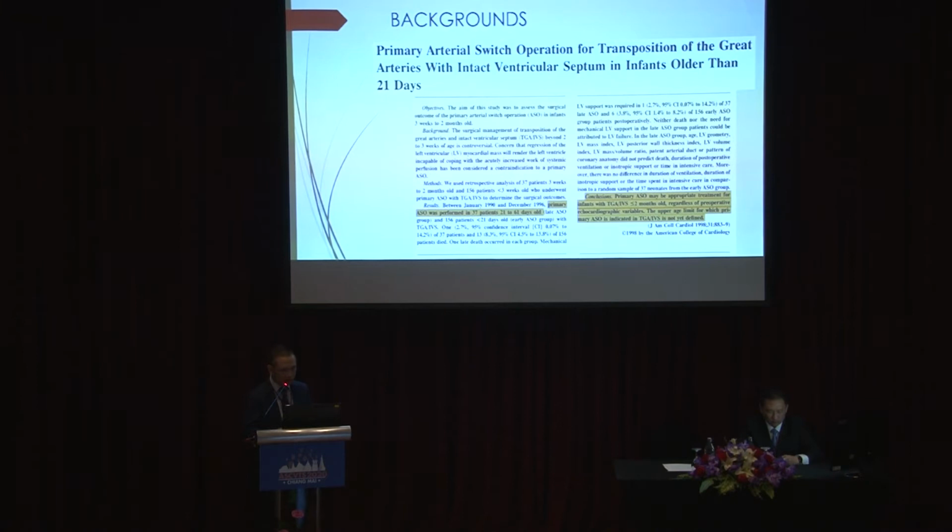This is the paper from a developed country, Great Ormond Street. They show that the primary ASO is comparable between the 2 groups.